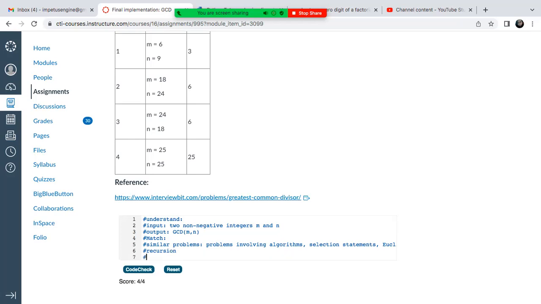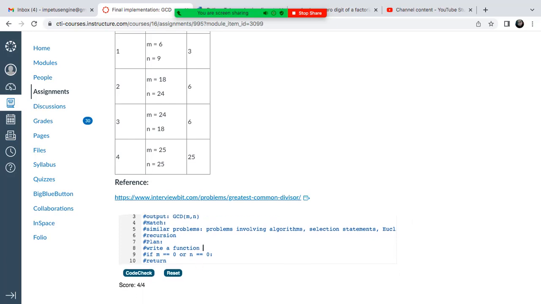Now that we have a match, we can go on to planning. The plan is that we have to consider the two corner cases, if m equals 0 or n equals 0. We want to write a function that takes in m and n.